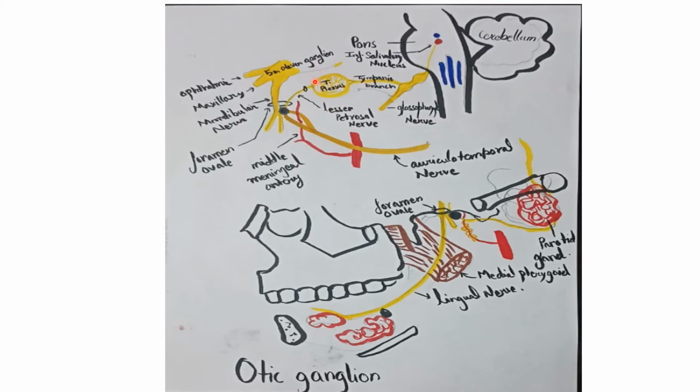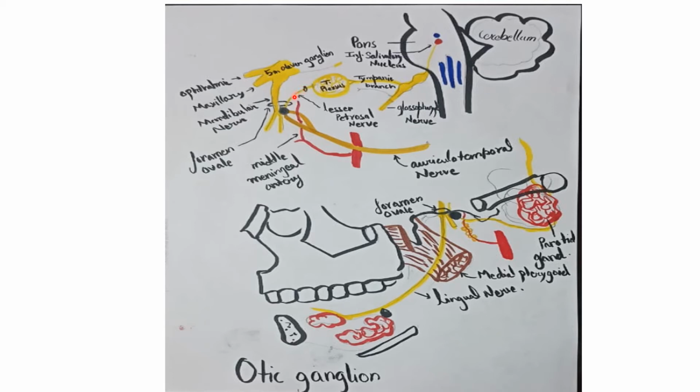And then from the plexus there is an origin of a nerve called the lesser petrosal nerve, right? And the lesser petrosal nerve goes back to the cranial cavity from the anterior surface of the petrous part of the temporal bone. On the anterior surface of the petrous part of the temporal bone, there are two foramens, the greater petrosal foramen and the lesser petrosal.